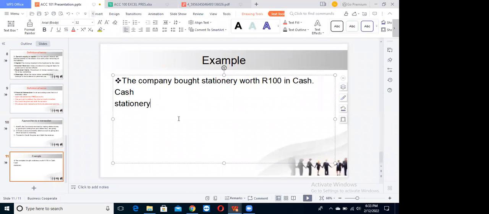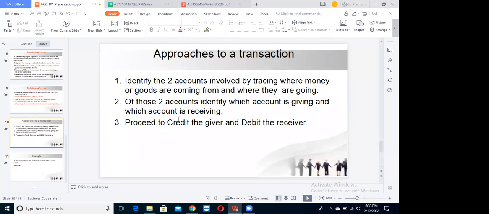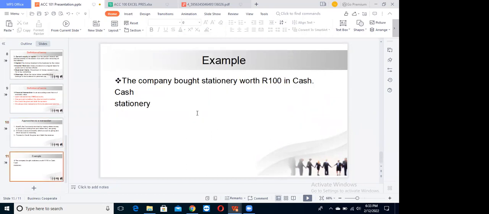We now want to move on to step number two, which says that of those two accounts, identify which account is giving and which account is receiving. So what is happening here? The cash account is parting ways with 100 Rand and the stationery is receiving what? 100 Rand, if we are looking at this transaction from the business perspective.